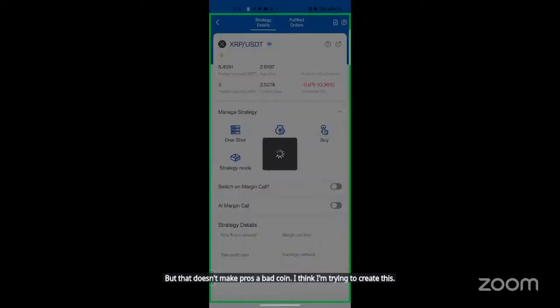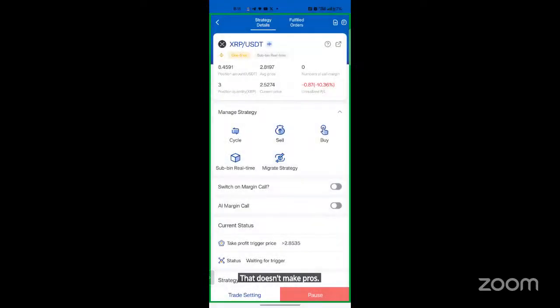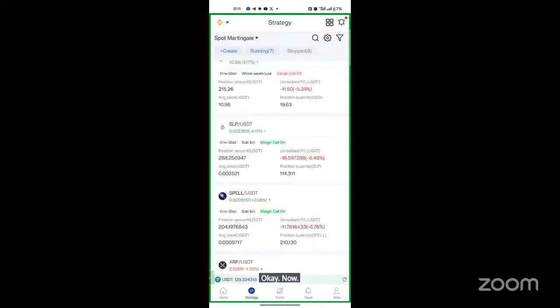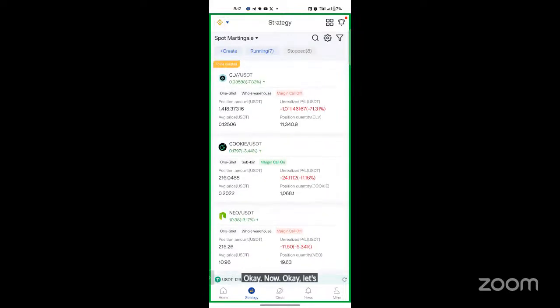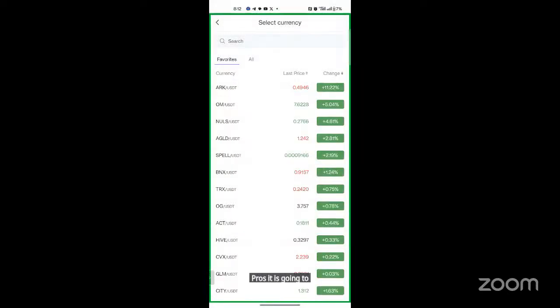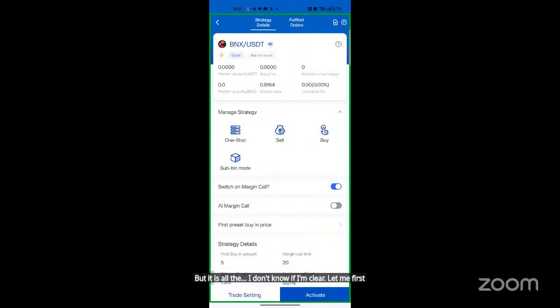That doesn't make PROS a bad coin. Okay, let's start. So you want to trade, I'll pick PROS. It is not going to be delisted, but it is on the, I don't know if I'm clear. Let me first start with BNX.